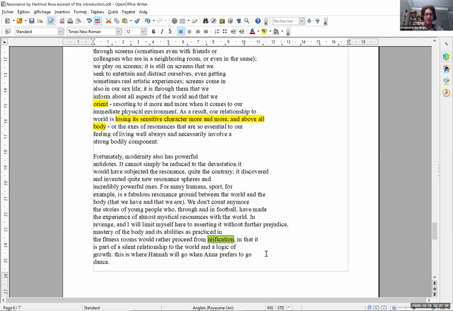Can someone explain reification again? Is it kind of worshipping in some way? Worship. Yeah, it comes from the word res, such as in res publica, republic, which means things. Thing in its material aspect.